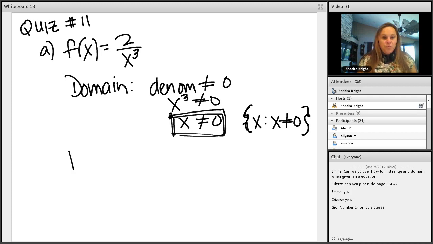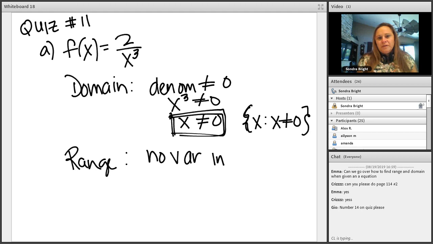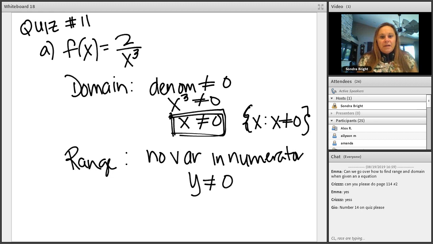And then range, if you notice, there is no variable up top. There's no variable in the numerator. And so y cannot equal 0. Down in the bottom, we've got an x cubed. So there's no restrictions on x cubed.